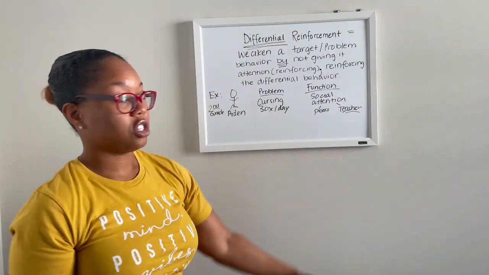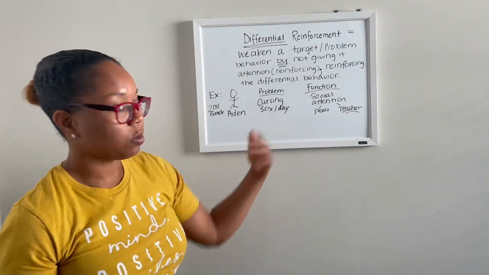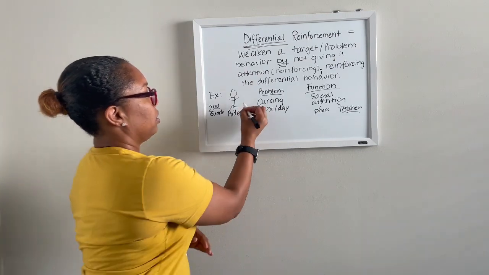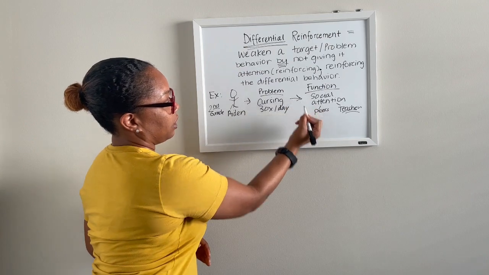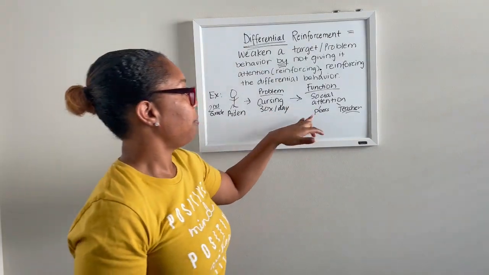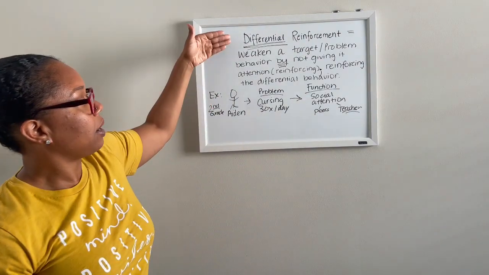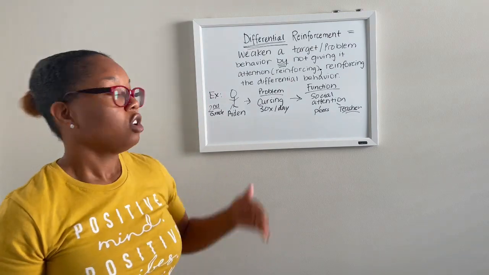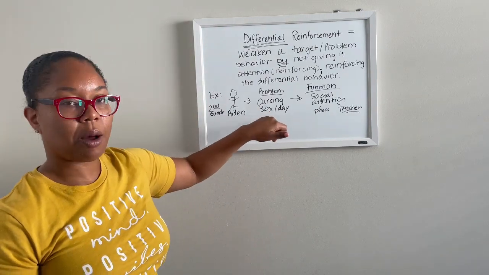He wants the attention of his teacher, but it can also be maintained by the peers. All right, so here we go. Now that we've determined the problem and the function, we can talk about how we can use differential reinforcement as an intervention to decrease this problem behavior.